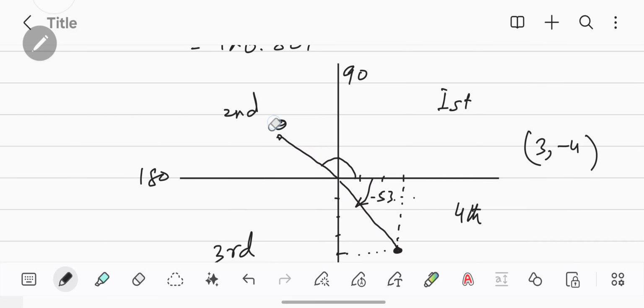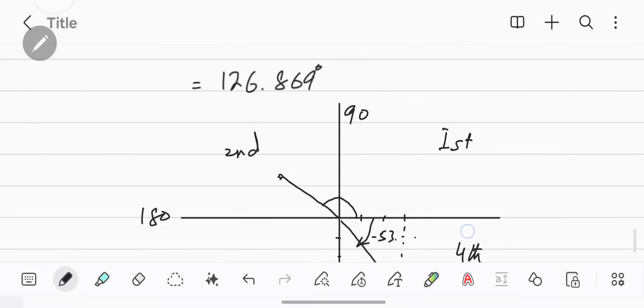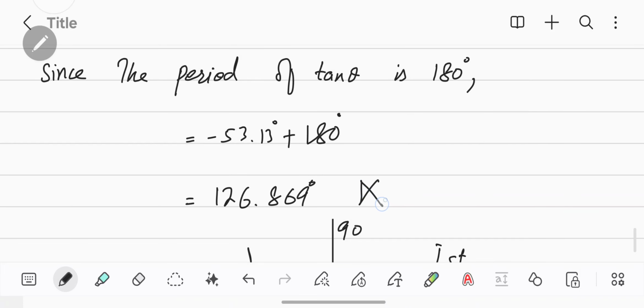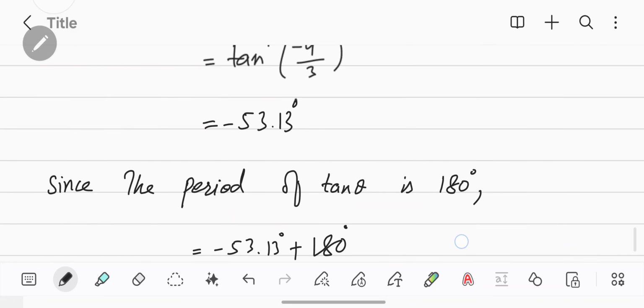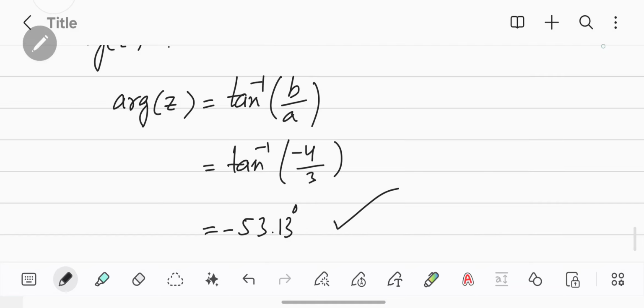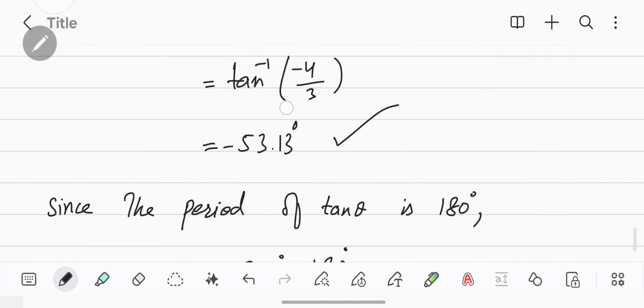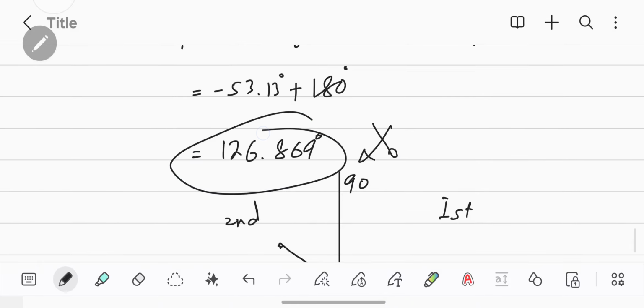So my point cannot be here, because in order to be here, it should be negative 3 on this side and positive 4 on this side. But my point is not negative 3 positive 4. My point is 3 negative 4. So that means this angle is correct. This angle does not determine my point, but this angle completely determines my point. So in this case, our argument is this one, not this one.